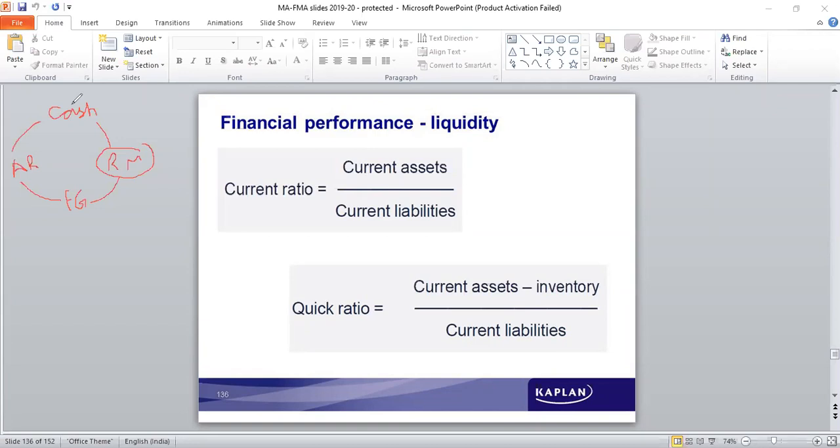So quick assets are current assets minus inventory minus prepaid expenses. This indicates very quickly what assets are available which can be converted into cash so that the current liabilities can be met. They say anything between 1:1 and 1.5:1 is considered to be an ideal quick ratio.